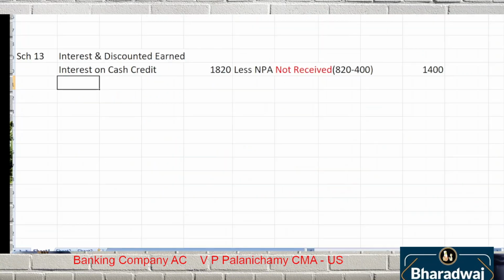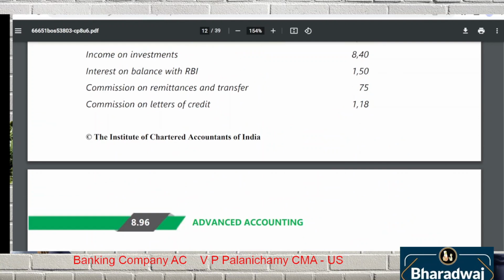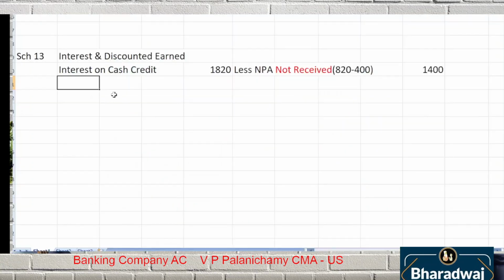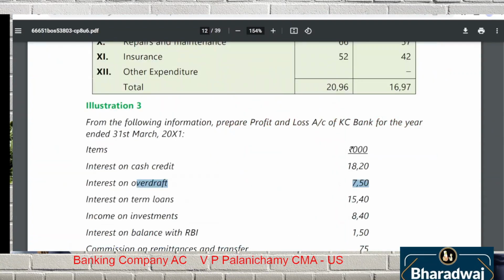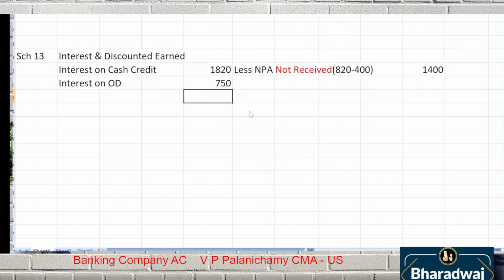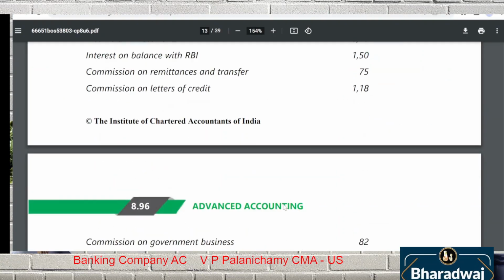Same way for the others, you can try it. Interest on OD, how much is given? 715. Eliminate NPA not received. Same way you eliminate earned minus collected.